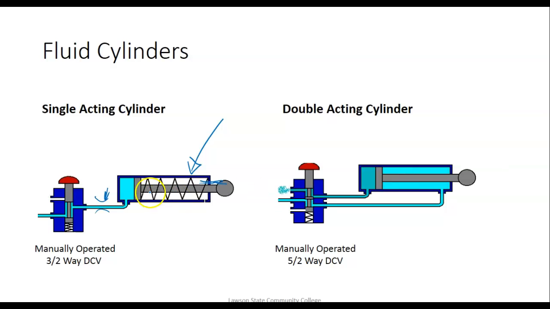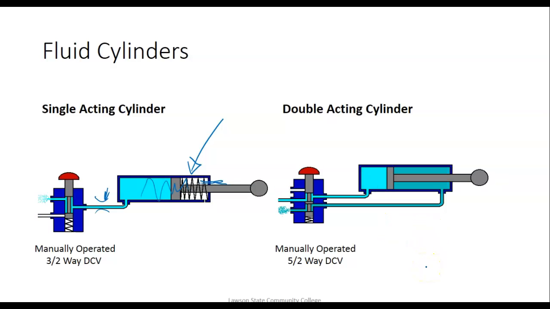Yes and no, but notice this guy is working against a spring. So if we're doing a single acting cylinder and we're going to control the speed, then we would meter in. If we're doing a double acting cylinder, then we'd meter out, and we automatically switch between the two with those check valves, right?